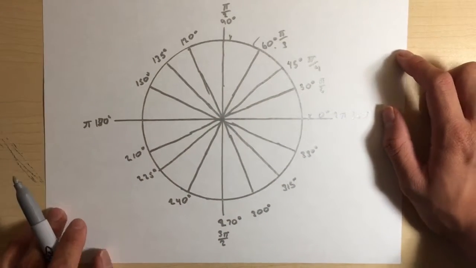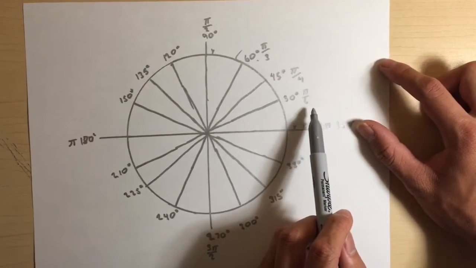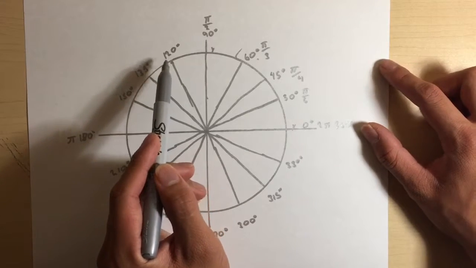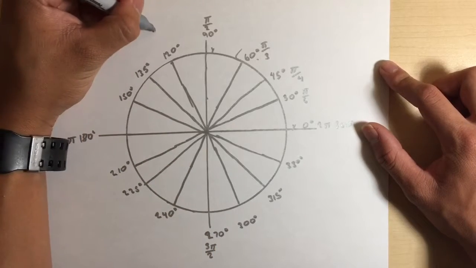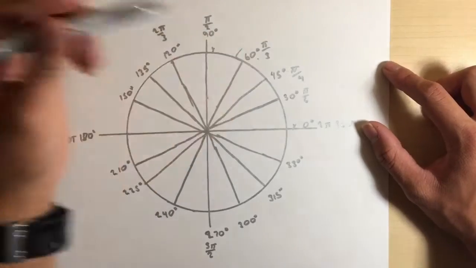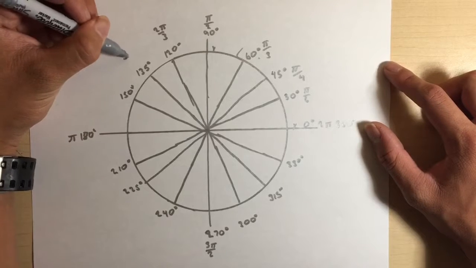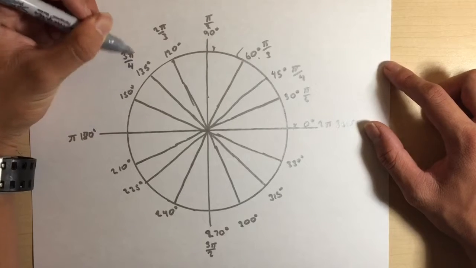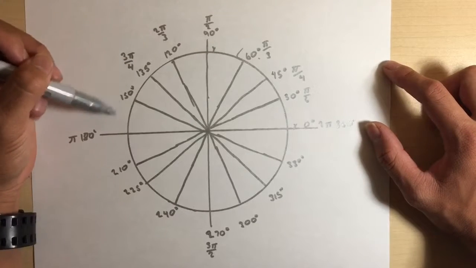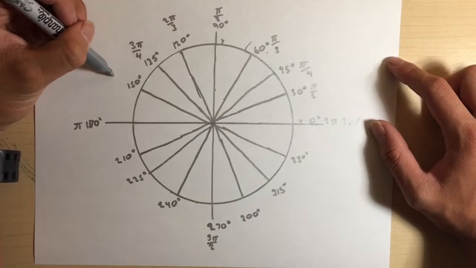Now for radians, all we have to do is take pi over 2 and add pi over 6 radians to get the point right here. So that would be 2 pi over 3, because we do pi over 2 plus pi over 6, and pi over 2 plus pi over 4 equals 3 pi over 4 radians. And then here for this one, you could just do pi minus pi over 6, which equals 5 pi over 6.